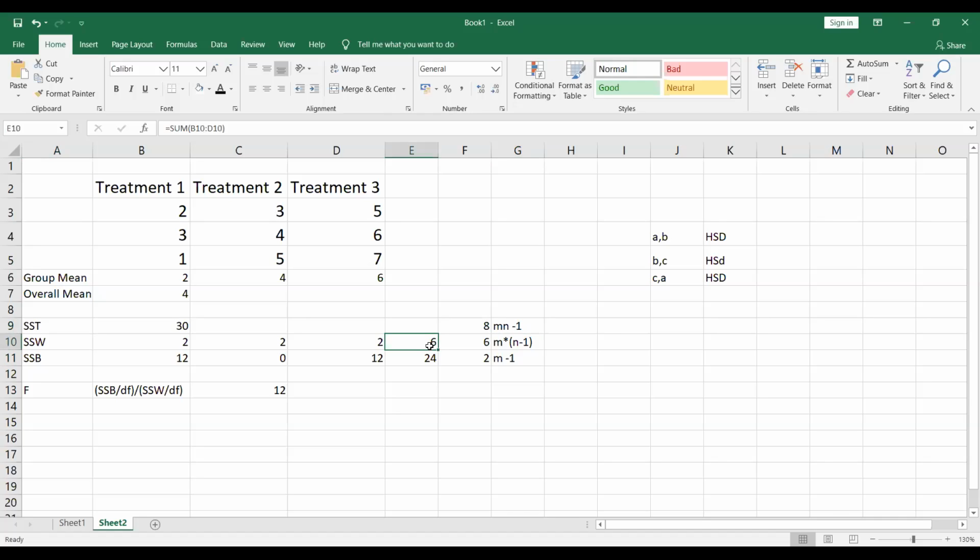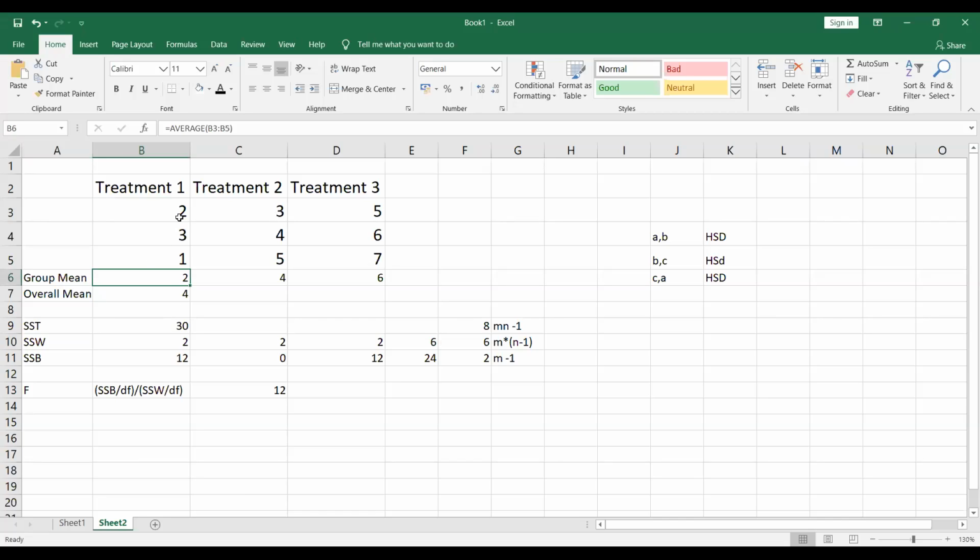Okay, what is SSW? Sir, can you explain how the figures for SSW are derived? I could not understand that. Yes, so for SSW, first please remember that W stands for within. So we will talk about one individual group at a time. Here, I look at how each observation varies from the group mean.